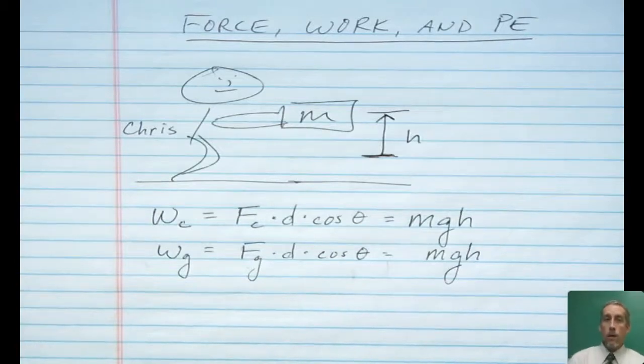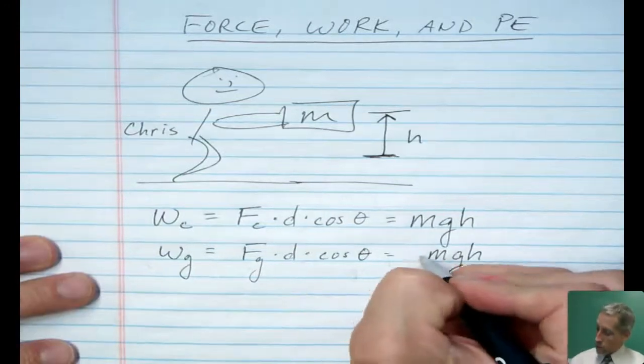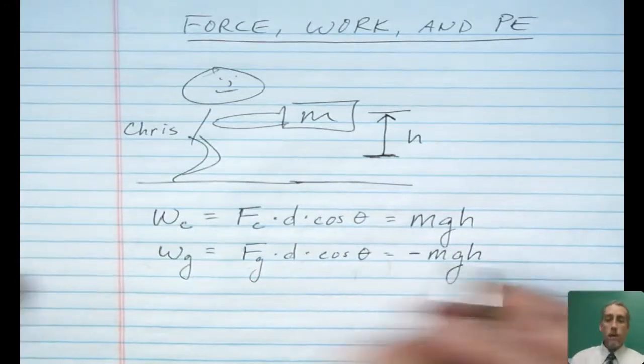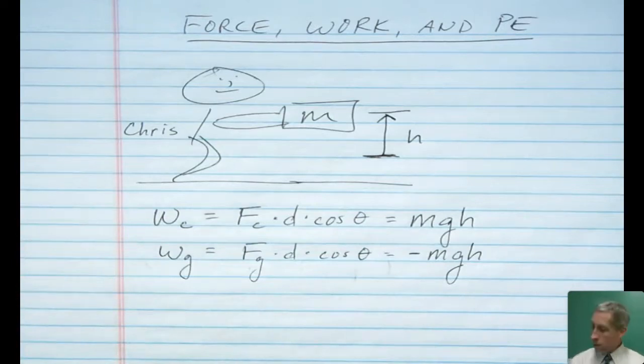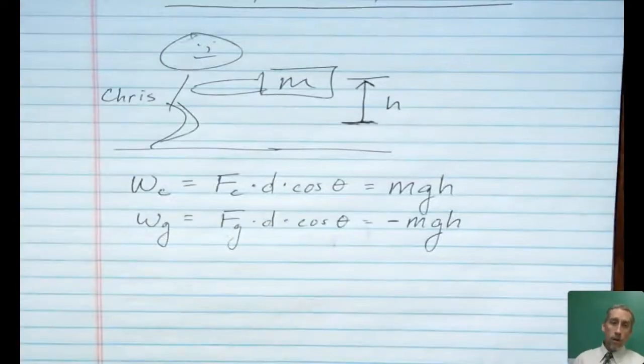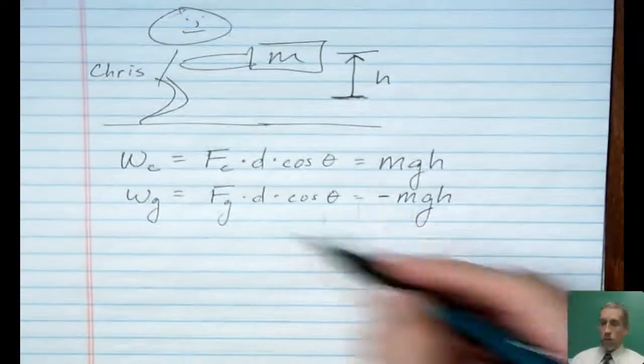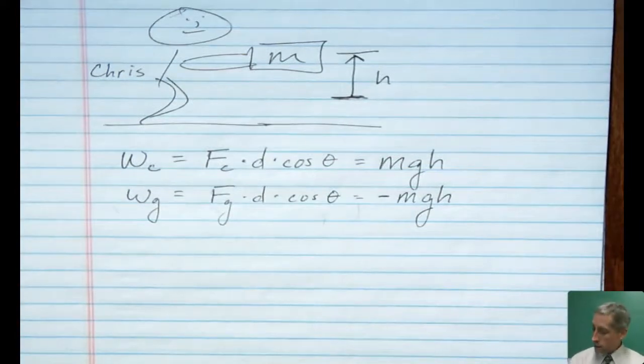The angle between the force direction and the motion is not 0, but 180, because the force of gravity is straight down and the motion is straight up. So that just introduces the cosine of 180, otherwise known as -1. So that accounts for all the different forces, and therefore all the work done on the box.